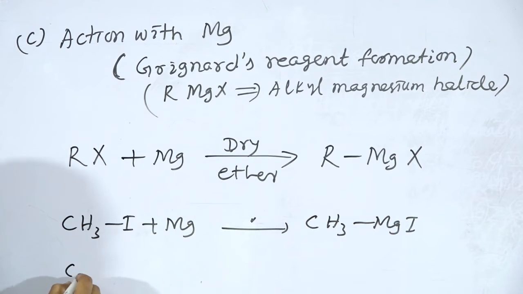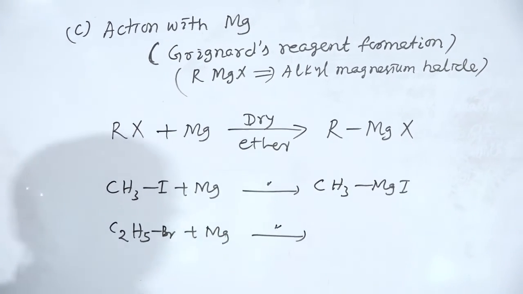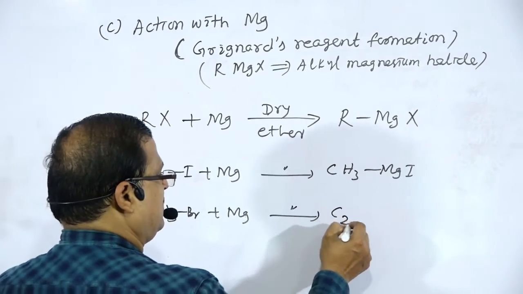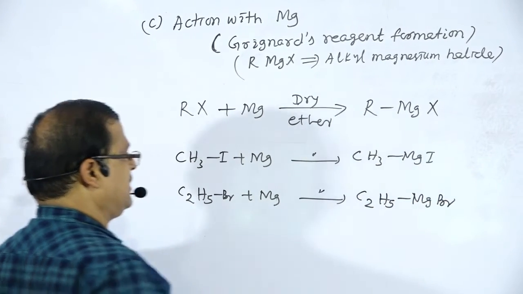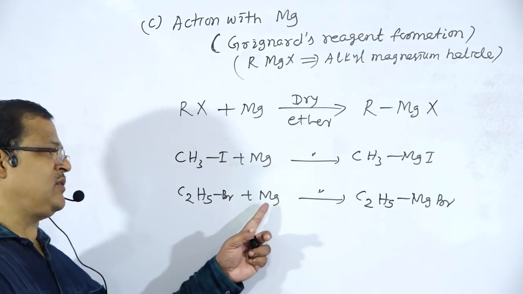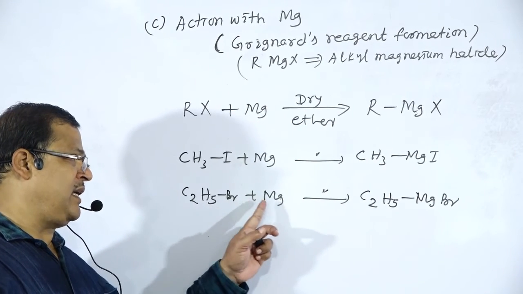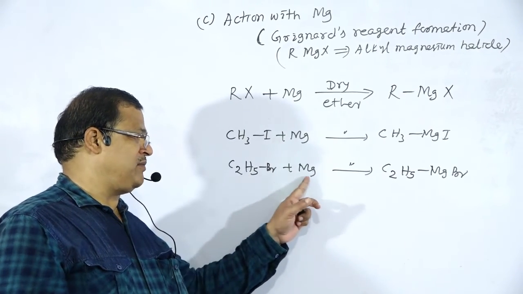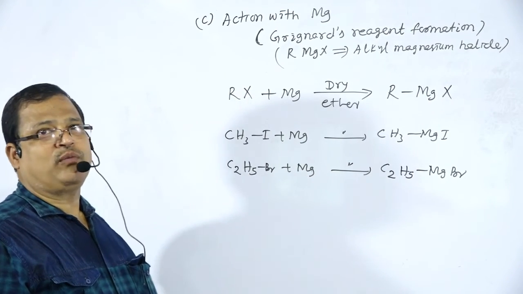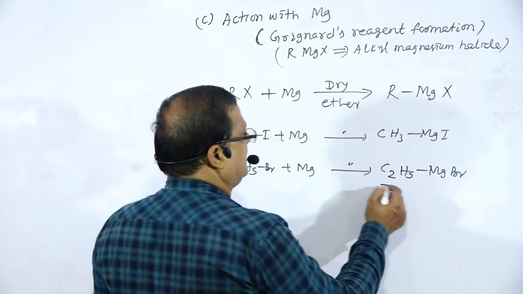Or take C2H5Br plus magnesium in the presence of dry ether, giving C2H5MgBr. Ethyl bromide reacts with magnesium in dry ether to form ethyl magnesium bromide, a Grignard's reagent.